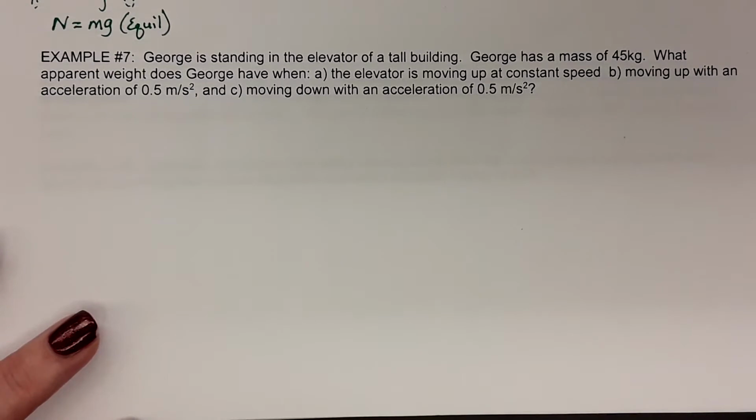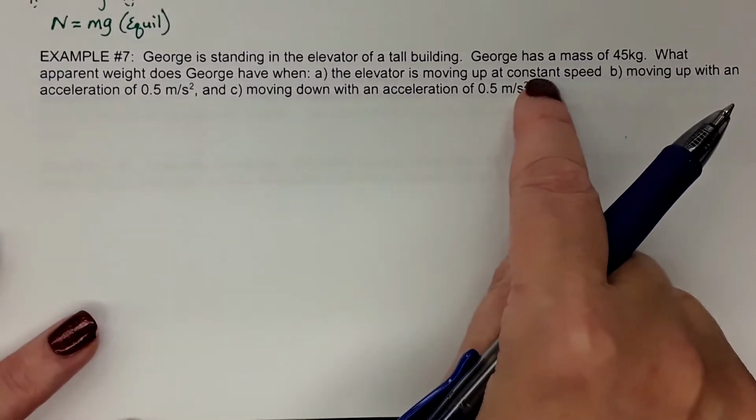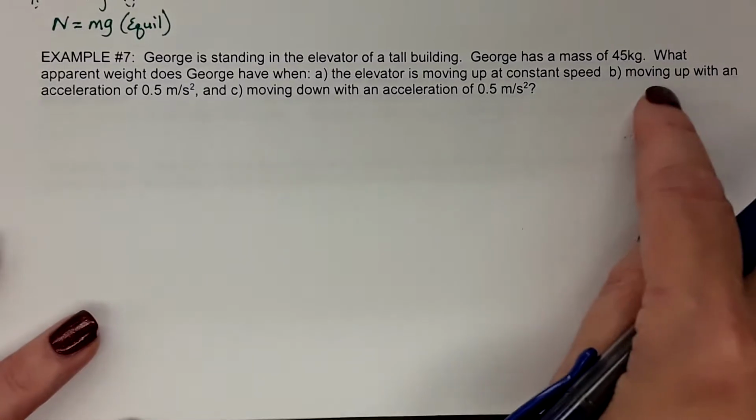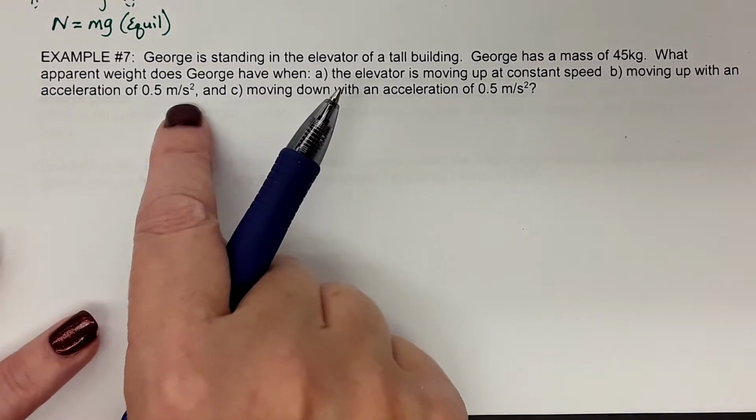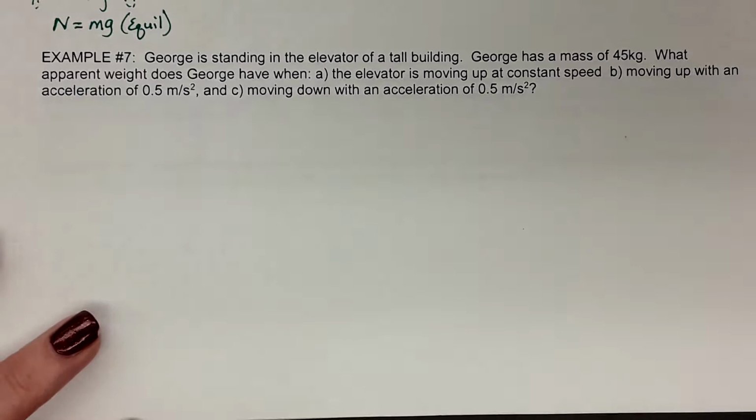Now, we want to know what is George's apparent weight. What is the normal force acting on him from the floor of the elevator in 3 different situations? First, when the elevator is moving up at constant speed. Then, when it's moving up with an acceleration. And when it's moving down with an acceleration.